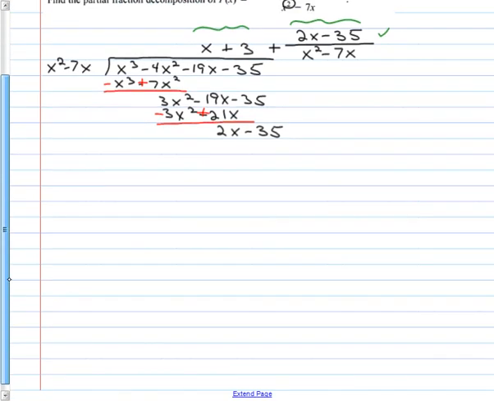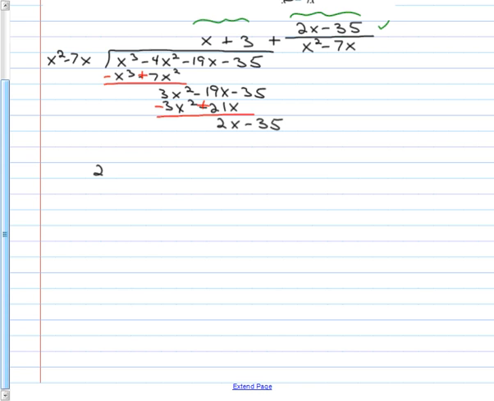decomposing that thing. Now if I decompose it, I want that denominator to be factored. So how do I factor that x squared minus 7x? What's common? X squared minus 7x.